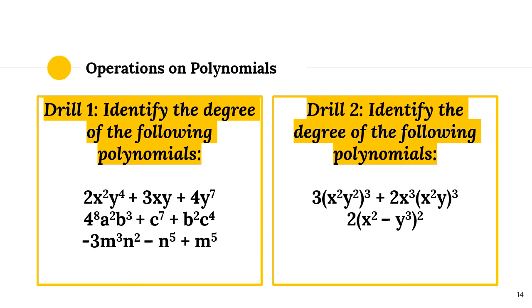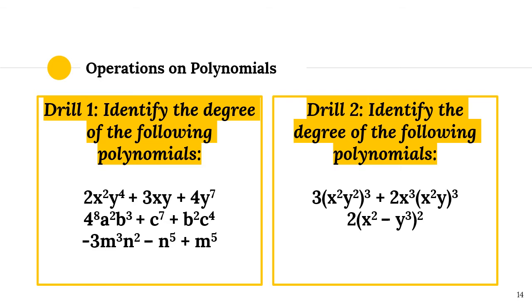Next, we have 2 times the quantity x squared minus y cubed squared. Now there's a tricky part in here because we cannot immediately distribute the exponent 2 to the variables inside the parenthesis, because the operation involved is subtraction. So we need to multiply x squared minus y cubed with x squared minus y cubed first.